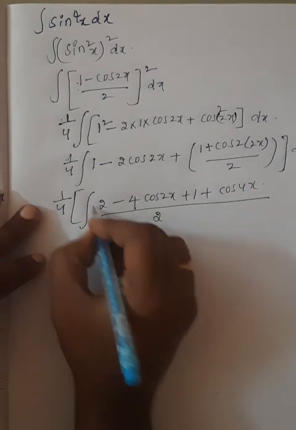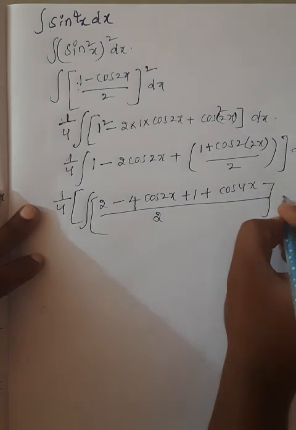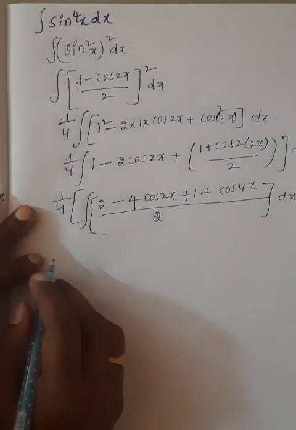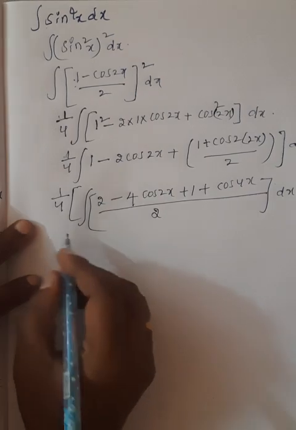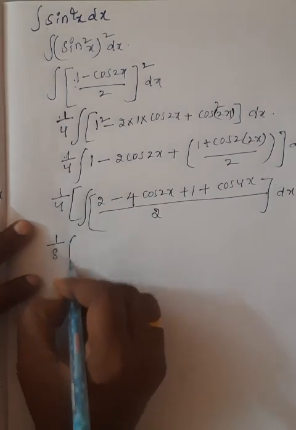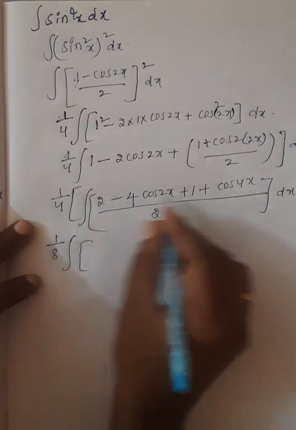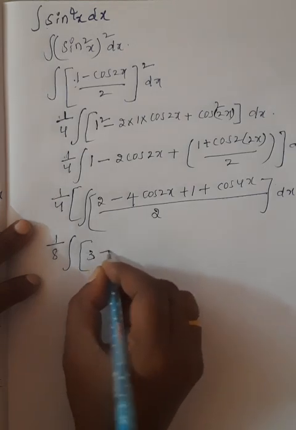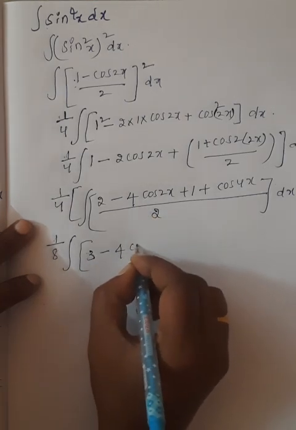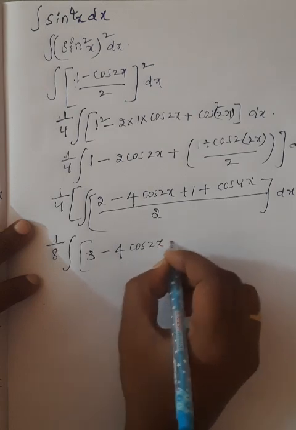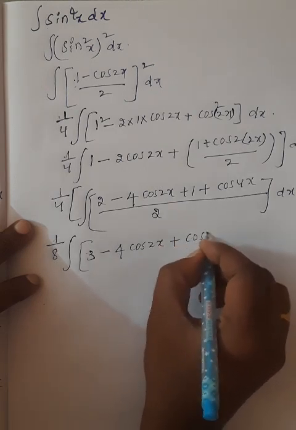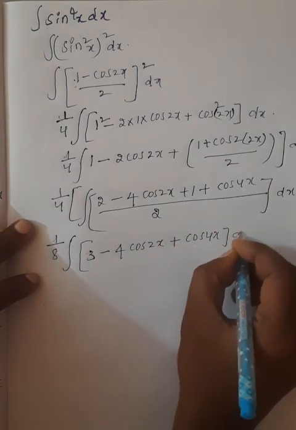Here we have taken 2 as LCM. Now it will become 4 twos are 8. So 1 by 8 integration of 2 plus 1 becomes 3 minus 4 cos 2x plus cos 4x into dx.